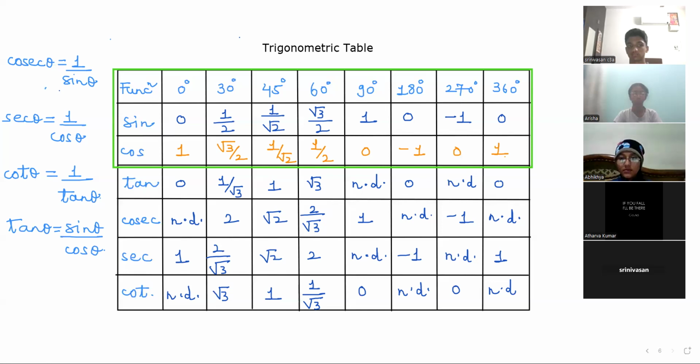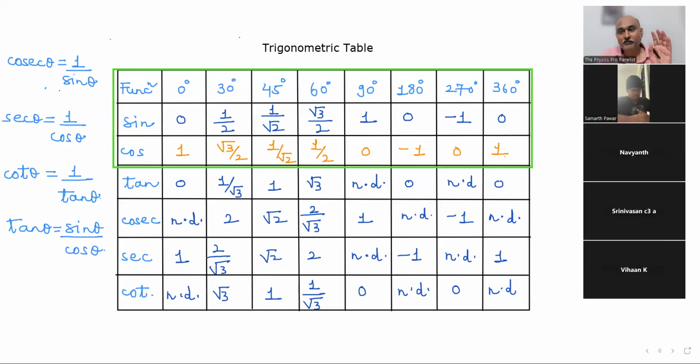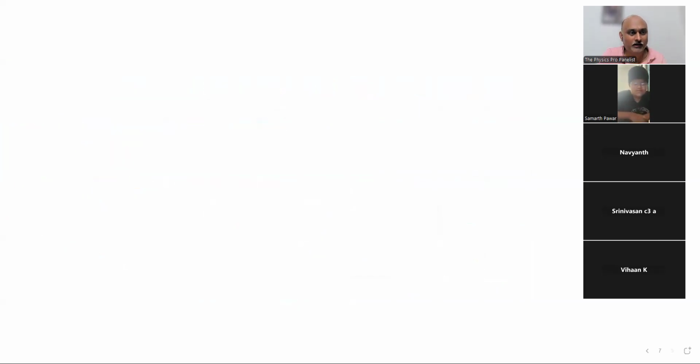Good. That's great. So now, in this trigonometric table, we have not written the values of the standard angles of the second, third, and fourth quadrant, right? So this is something which none of you have learned till date. Even if you have learned trigonometry, you have not learned this thing.